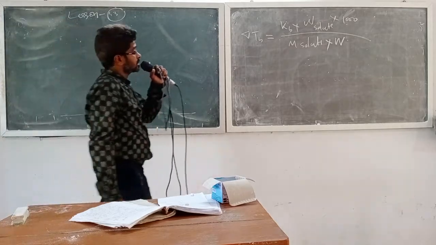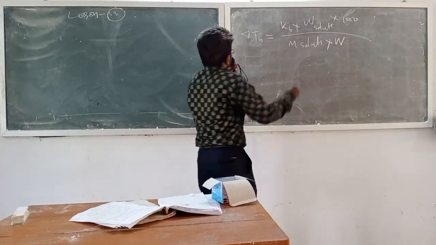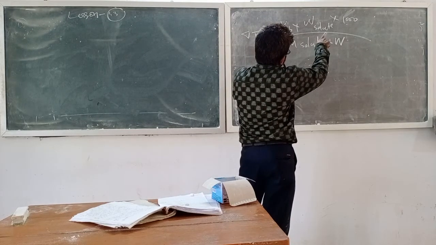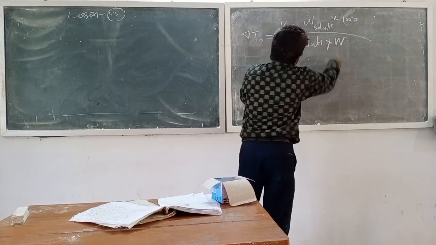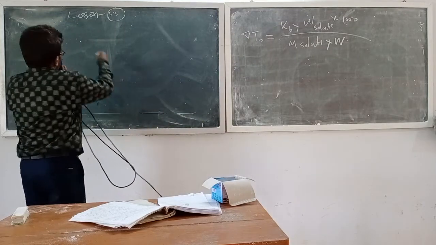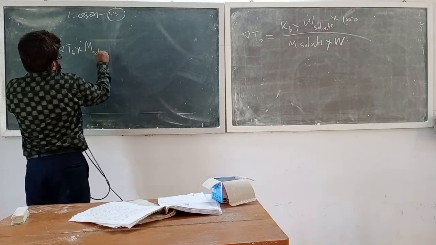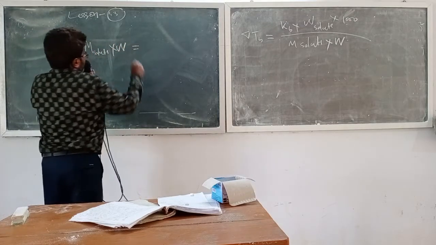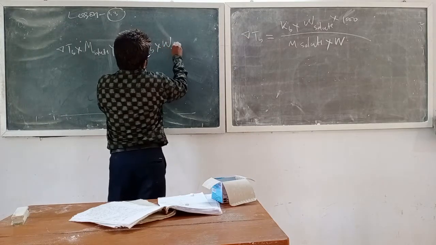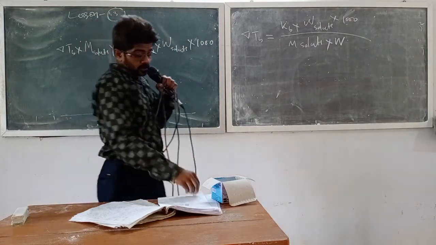In lesson 32 we discussed elevation in boiling point, and we have delta TB equal to KB into W solute into 1000 divided by M solute into W. So from this we have delta TB into M solute into W equal to KB into W solute into 1000.